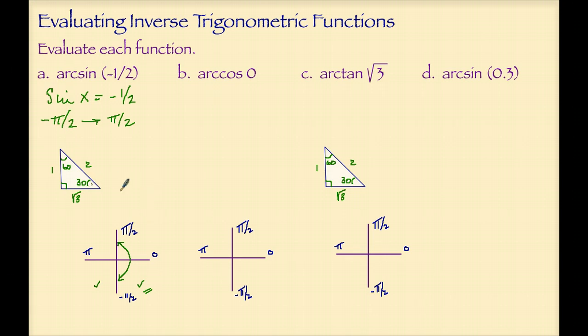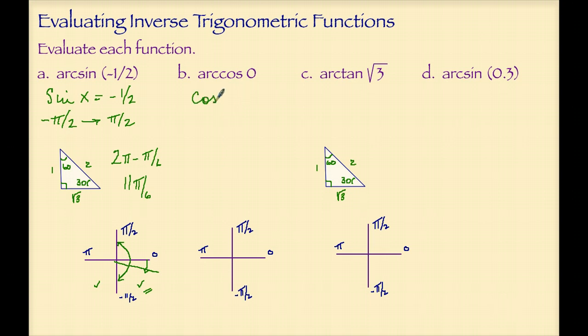Therefore, the 30-degree reference angle in the 4th quadrant is my answer. That will be 2 pi minus pi over 6, since we're moving backwards into the 4th quadrant from 2 pi to get our solution, and that's going to be 11 pi over 6.